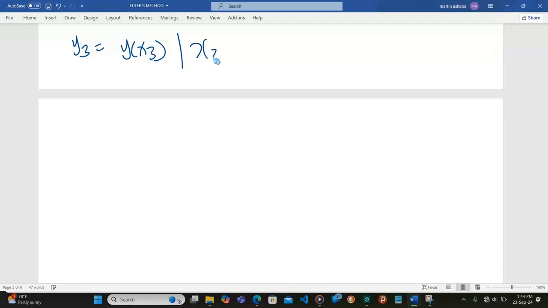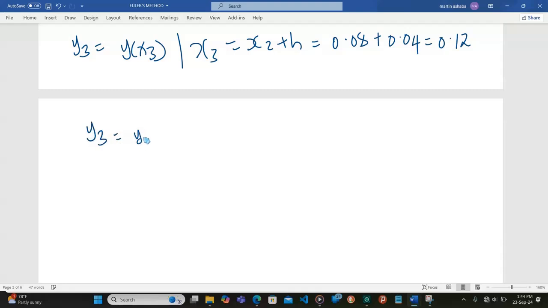We want to look for y3, which is the same as y of x3. But what is x3? This is the same as x2 plus h, and this is the same as 0.08 plus 0.04, and that is 0.12. So we move. y3 will be y2 plus h f(x2, y2). y2 we already know as -1.0768.